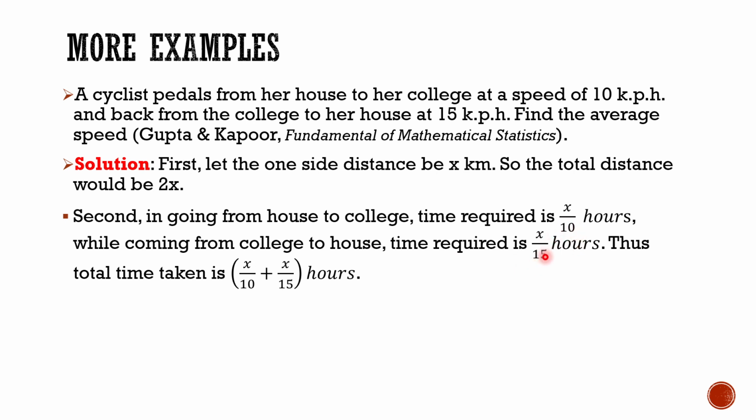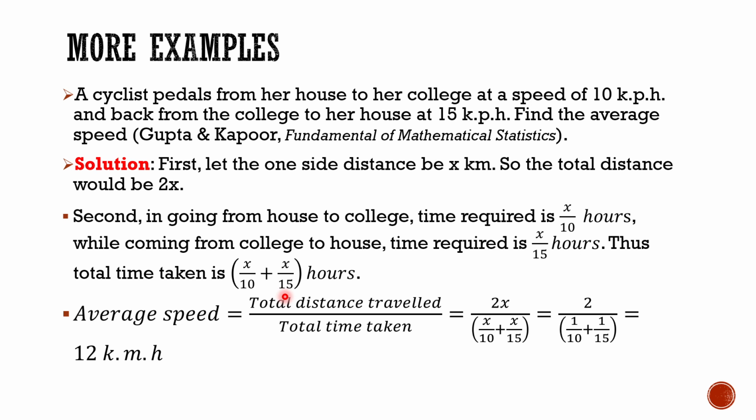Now the total time taken would be the time from house to college and from college to house, that is x by 10 plus x by 15. Now how will you calculate the average speed? By the simple formula, speed is equal to the total distance traveled upon total time taken.